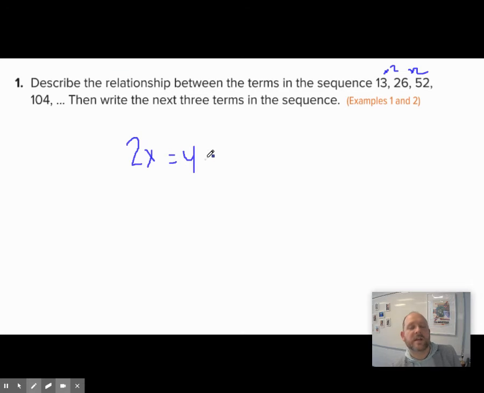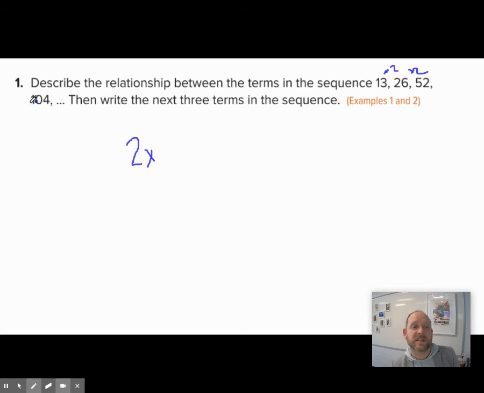So 2 times the input gives us our next output in the sequence. So 2x would actually be our rule here. We're going to multiply by whatever the term is before us. So this is our rule. We're going to multiply by 2, or 2x.